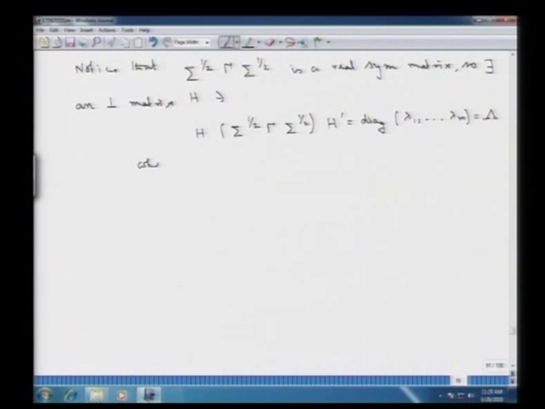This is basically the spectral decomposition of this real symmetric matrix, where lambda 1, lambda 2, lambda m are the eigenvalues of the sigma half gamma sigma half matrix.